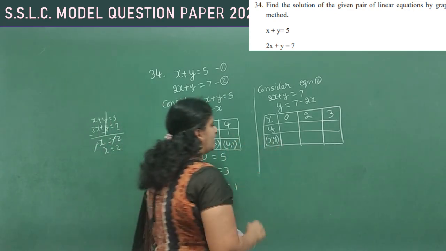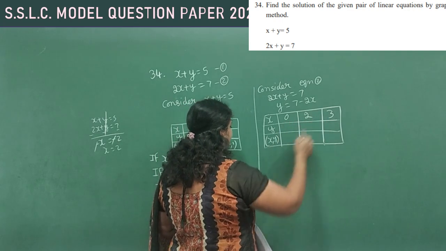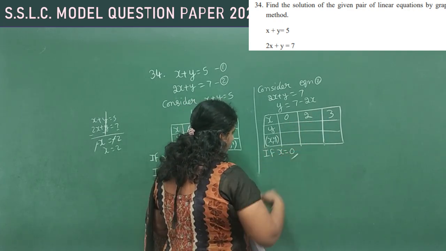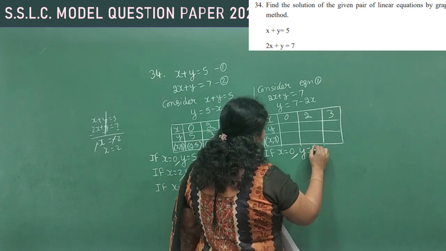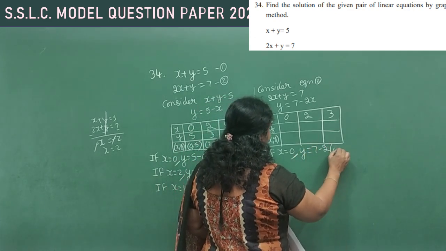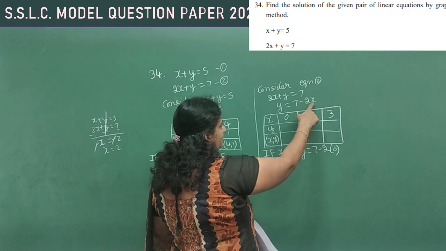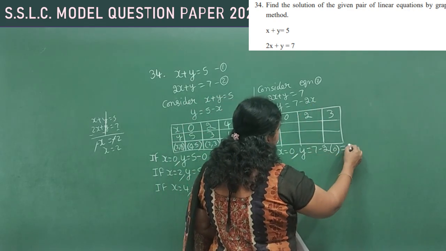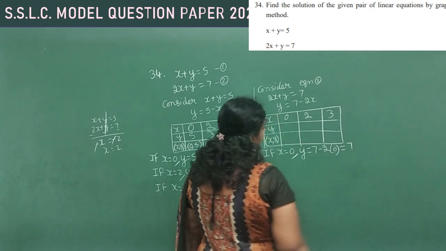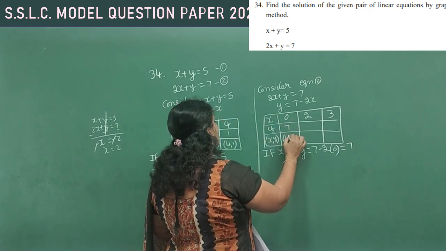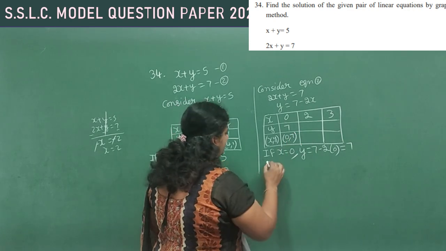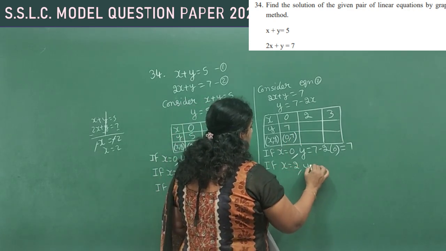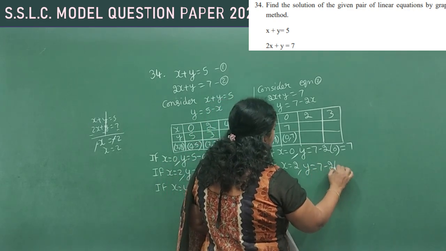Right? And now consider another table. 0, 2, 3 I have taken here. If x is equal to 0, y is equal to 7 minus 2 into 0. Substitute 0 in place of x. 2 into 0 is 0. 7 minus 0 is 7. Coordinate is 0, 7. And next, if x is equal to 2, y is equal to 7 minus 2 into 2.